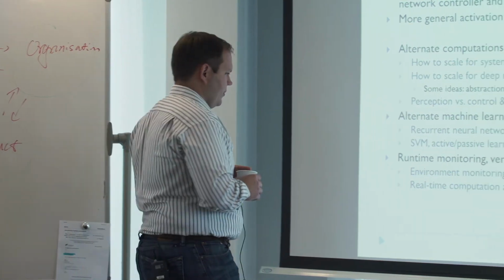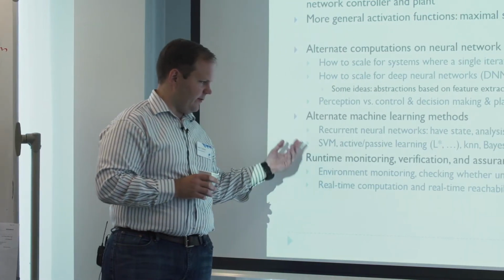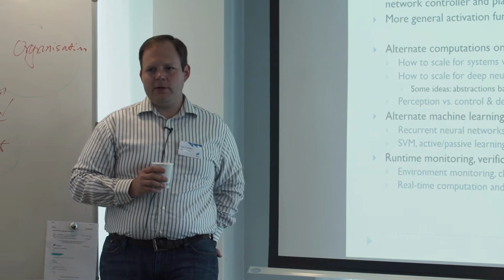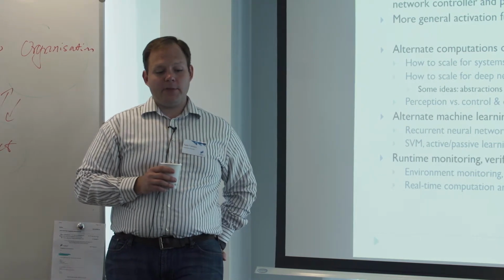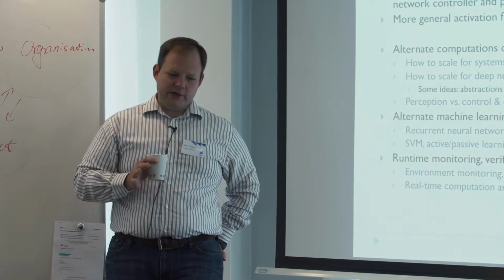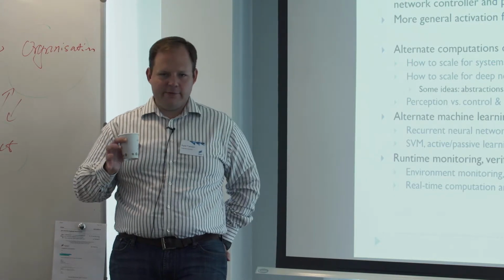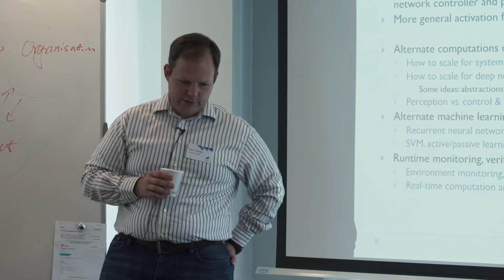Then there are, of course, many other machine learning methods, support vector machines. We saw some other ones like automata learning with L-star and other approaches. Automata learning is nice because you get a formal model out, right? So we have some idea how we could maybe analyze those.